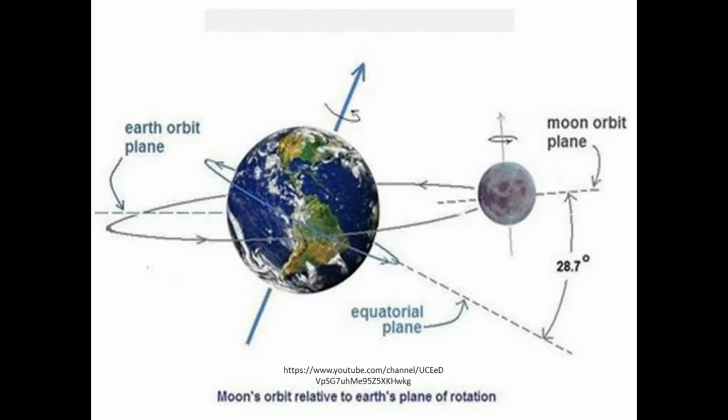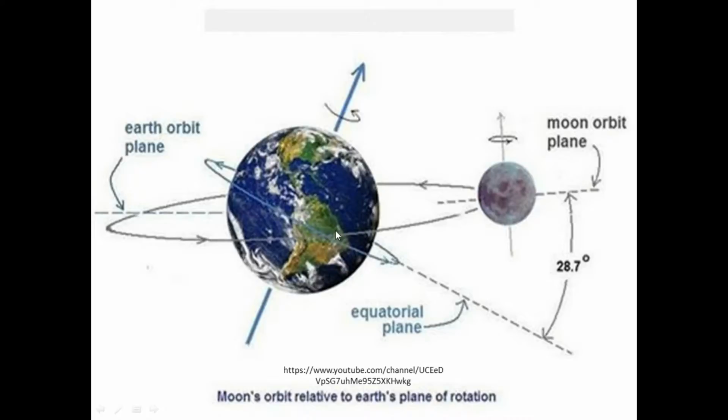Next, we can see the orbit of the Earth and the axis of the Earth is in a tilted manner, not in a perpendicular direction. But the Moon's axis is perpendicular in line. So what is the angle between the Moon's orbital plane and Earth's orbital plane? Orbital plane, we can see, this is the orbital plane.